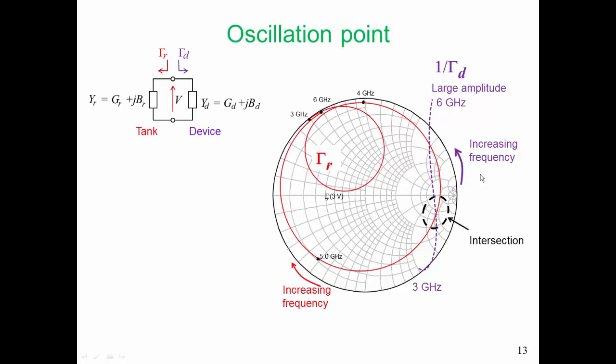Of course, gamma d itself moves in a clockwise direction, as we expect for most circuits. But 1 over gamma d moves in the counterclockwise direction. The resonator network has a locus that moves in the clockwise direction. And it is this point of intersection here that defines our oscillation frequency and our oscillation amplitude. So there's just one point where that happens.